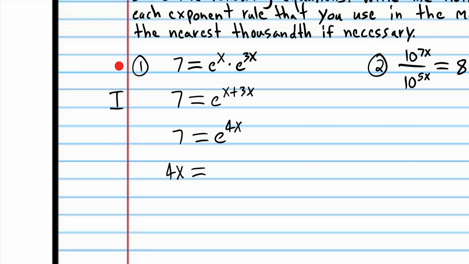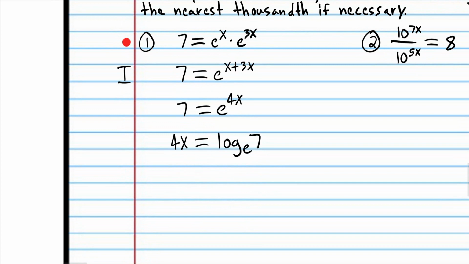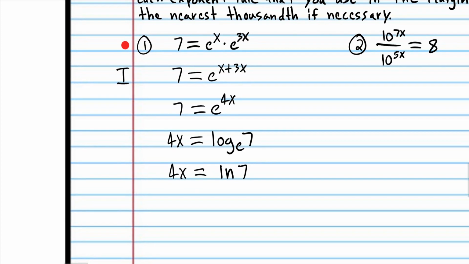If we want to figure out what the exponent is, we tell the calculator log base e of 7. That's the notation we enter into the calculator. But remember, when you have log base e, we have special notation. We call that ln 7, natural log 7, because again, e is used in a lot of applications that apply to nature.